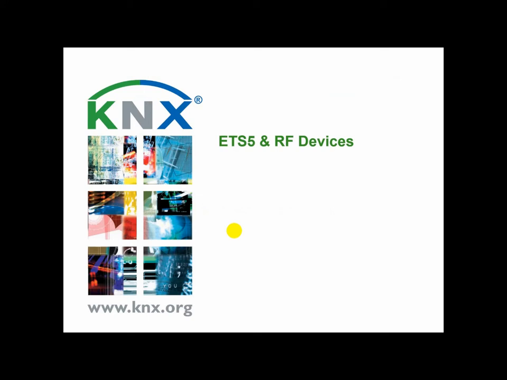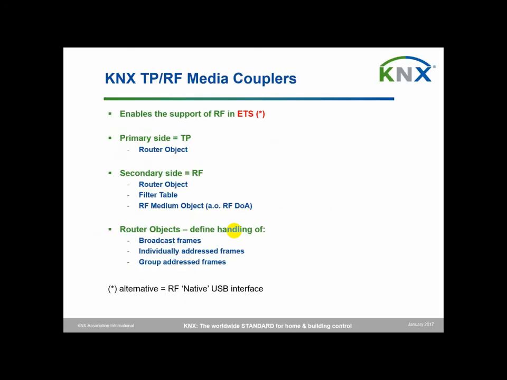ETS5 and RF devices. In most cases, RF devices will be used as an extension to a twisted pair installation. In that case, media couplers are used, which means this media coupler can also be used to give ETS access to these devices. So the media coupler in this case serves two roles: routing messages or telegrams at runtime, but it can also be used for management.